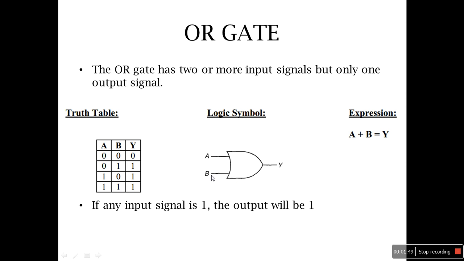And this is the logic symbol of the OR gate. In this example, again, we have two inputs A and B and one output Y, and the expression is A plus B, indicating the OR operation. If any one is 1, then the output is 1, that is A plus B is equal to Y.